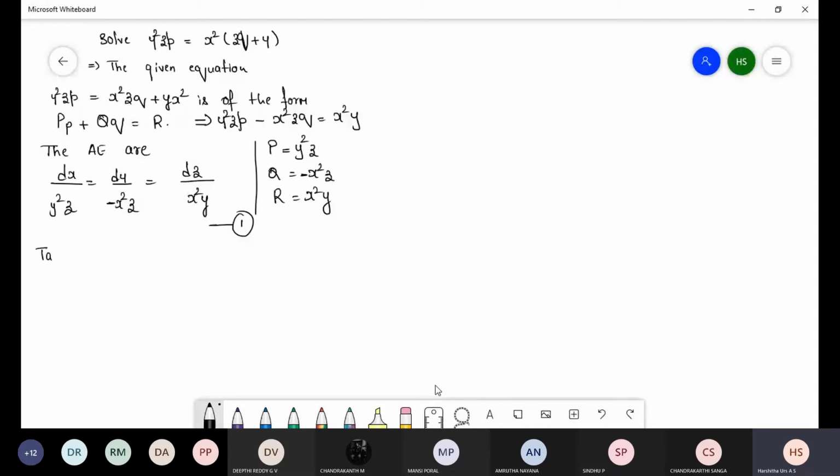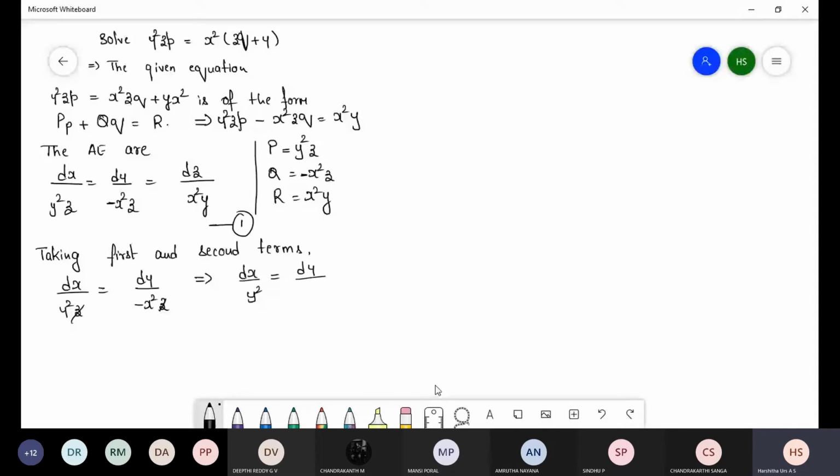Next, taking first and second terms means dx divided by y square into z is equal to dy divided by minus x square into z. Z will get cancelled, remaining dx divided by y square is equal to dy divided by minus x square.